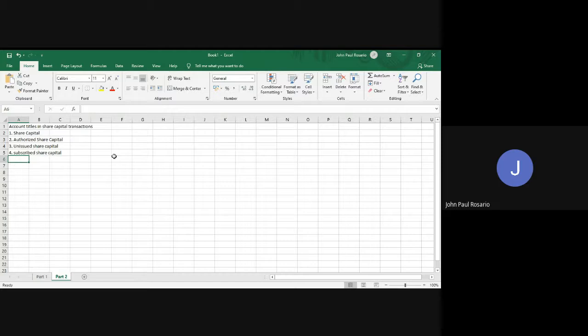Fifth, subscription receivable. Sixth, share premium. Seventh, treasury shares. Then donated shares. Then lastly, retained earnings. We'll define these things later on.